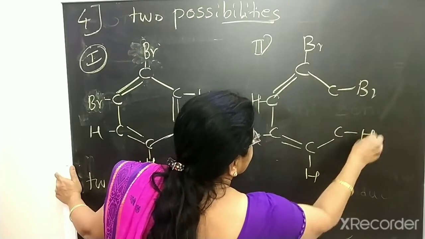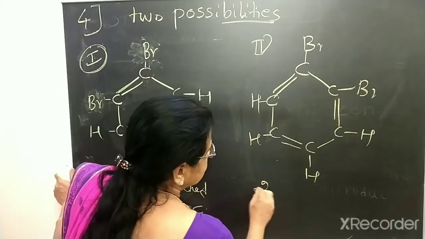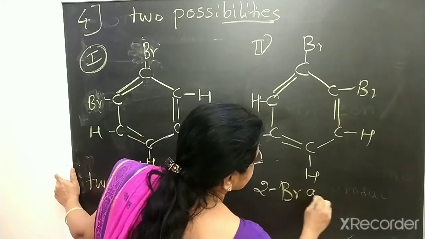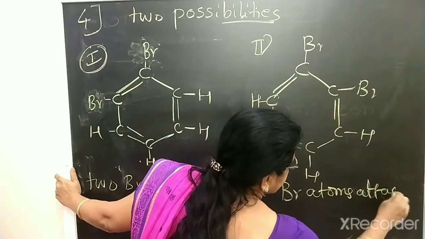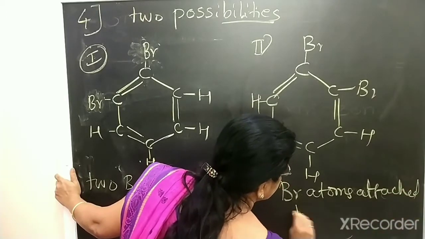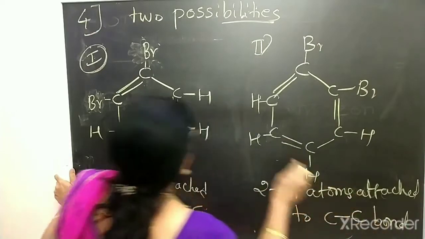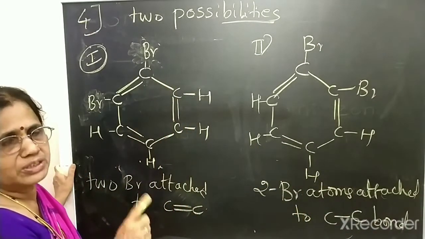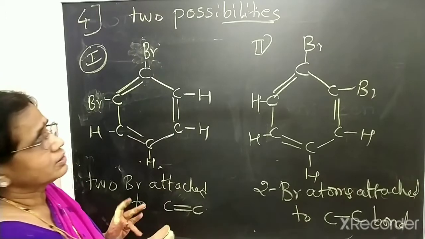Here the 2 Br atoms are attached to the carbon-carbon single bond.